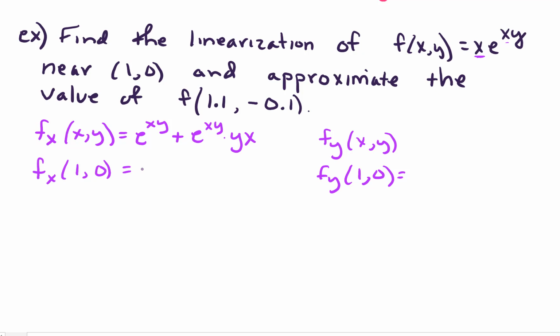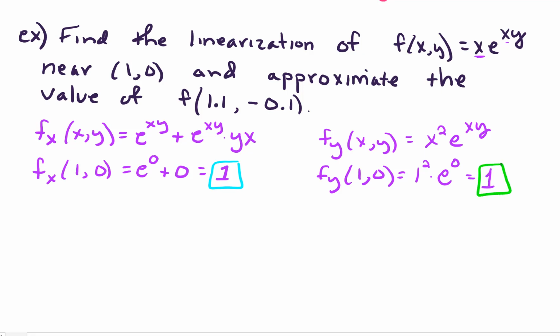Evaluating that at (1, 0), we get e to the 0 plus 0, and that just equals 1. Okay, so we'll use that value in a minute. Next, let's find the partial derivative with respect to y. In this case, y is our variable. Everybody else acts like a constant, and here we get x squared e to the xy. Evaluating that at (1, 0), we get 1 squared times e to the 0, and that turns out to be 1. And we'll use that result in a minute.